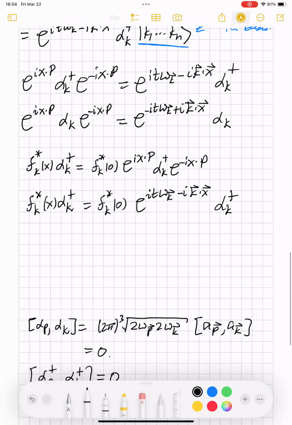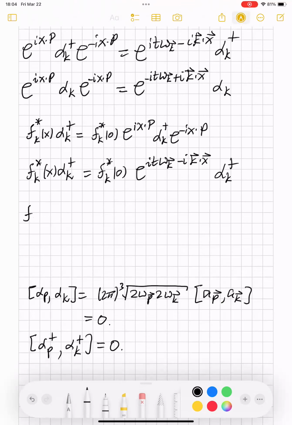So actually, what is this telling us? Well, it tells us that fk star of naught is equal to fk of naught, but I'm just going to call it fk star of x. Then here's fk of naught, but that's just some constant. Let's call it ck, just some constant that depends on k. And then we've got e to the it omega k minus i k dot x.